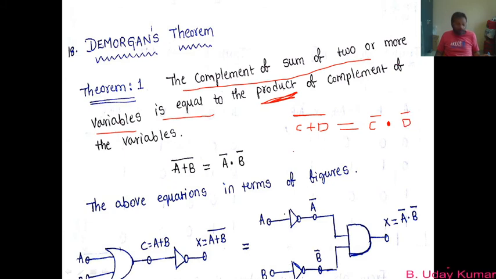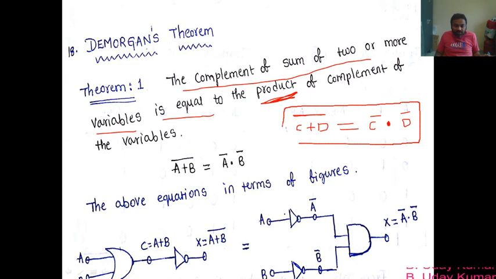So this becomes De Morgan's first theorem. So now check it out. This is the mathematical expression of De Morgan's first theorem. So the complement of the sum of two variables is equal to the product of their complements. That's all. Their complements means the product of complement of those variables.